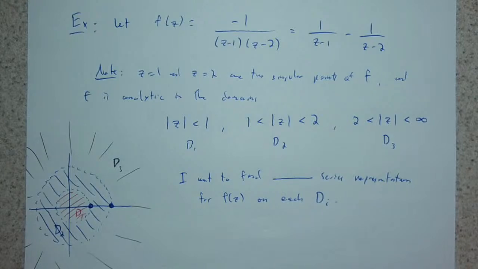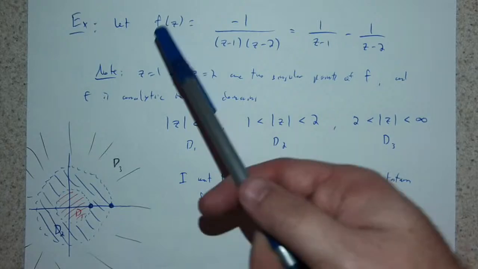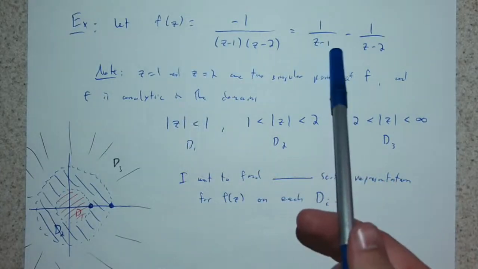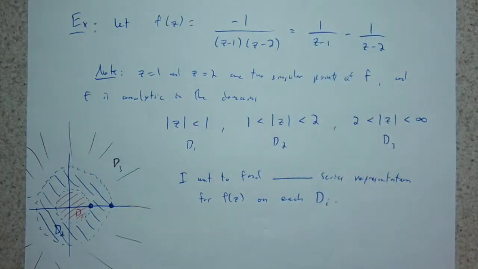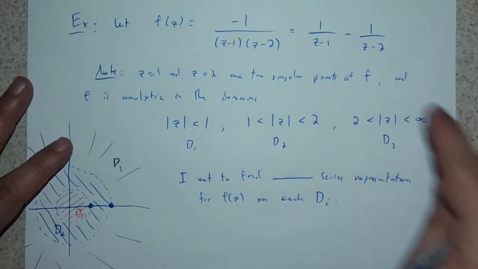Okay. Well, I'm viewing f of z as just being the difference between two things that look like this, right? Things that look like this, I already know what some power series for these look like.